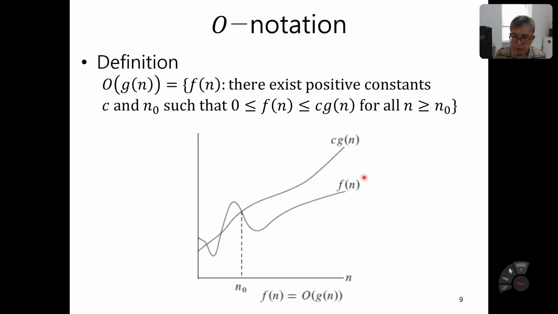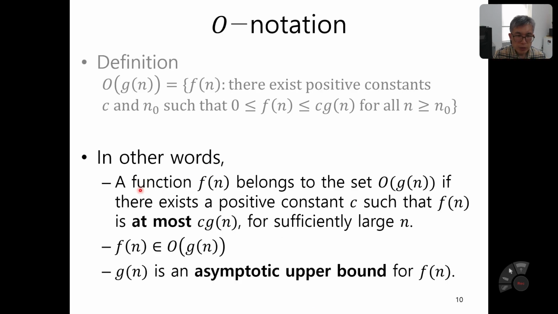So f(n) has upper bound c g(n), and then we can say f(n) is in big O of g(n). In other words, a function f(n) belongs to the set big O of g(n) if there exists a positive constant c such that f(n) is at most c g(n) for sufficiently large n, because we have a certain threshold n0, and then we always satisfy that f(n) is below or equal to c g(n).